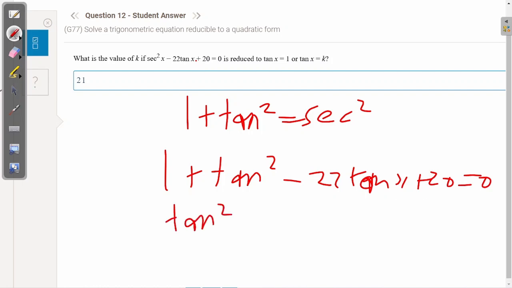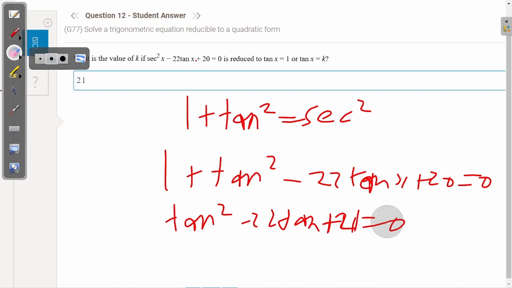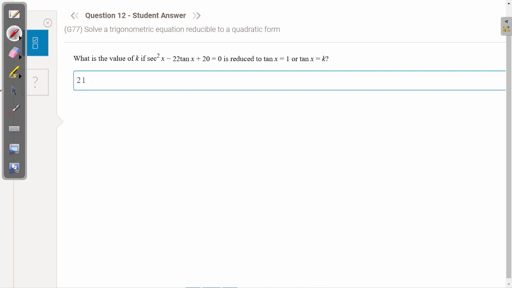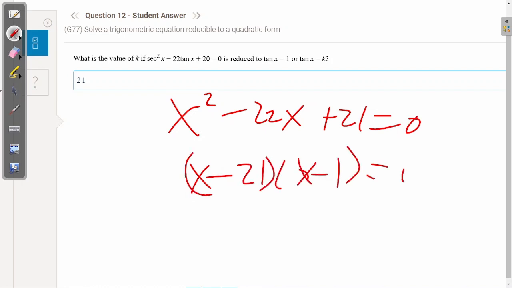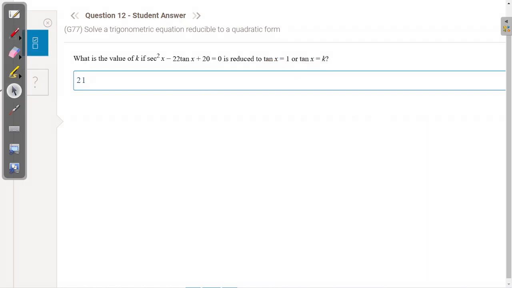Tan squared minus 22 tan plus 21 equals 0. Okay, so I'll just put x instead of tan, so x squared minus 22x plus 21 equals 0. You can just factor this, x minus 21, x minus 1 equals 0. So x equals 21 or x equals 1. And here they put x equals 1, so you put 21.